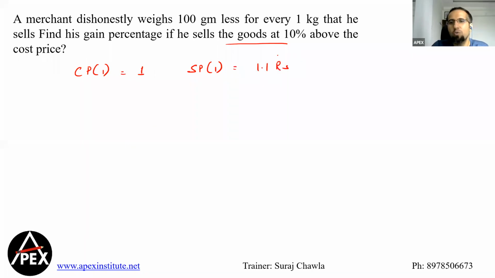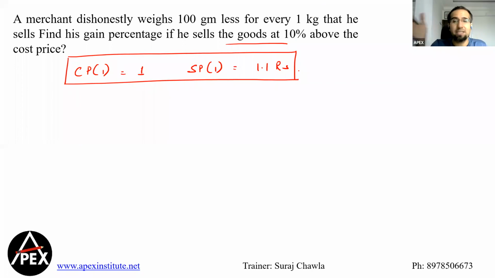I will not tell you that I'm cheating you by weight. Whenever you go to the vegetable market, they say we are giving you at cost price only, but they end up making profits. So when I say that I'm making 10% profit, this is what I mean. When I say that I'm selling at cost price, I say CP of 1 gram is equal to SP of 1 gram. Is it clear?